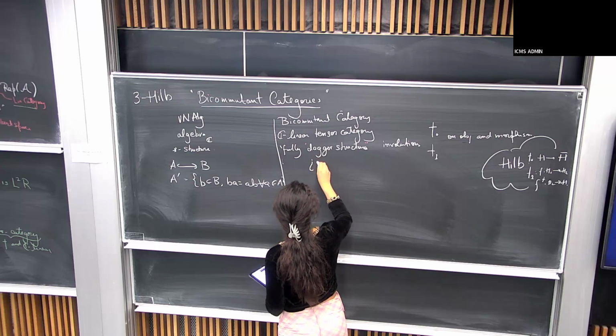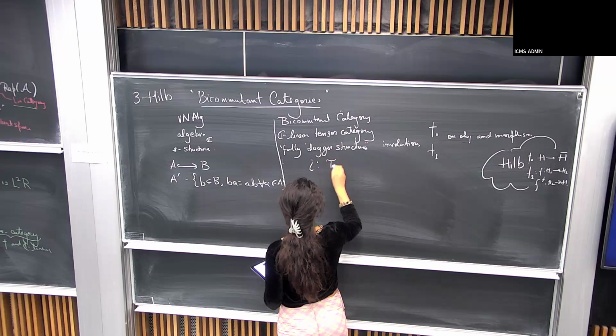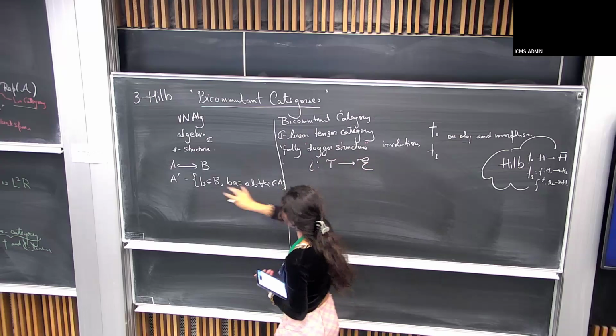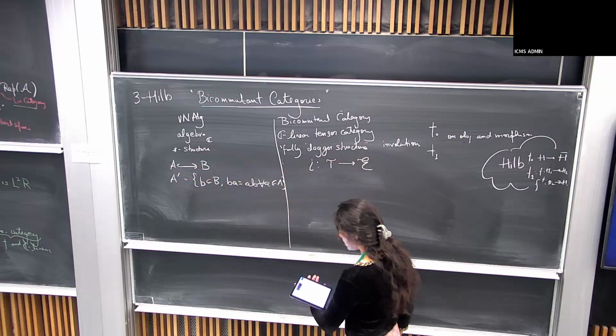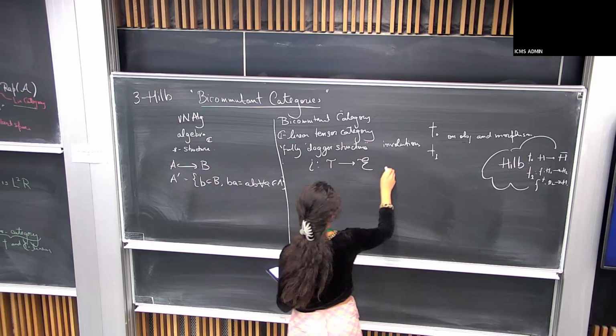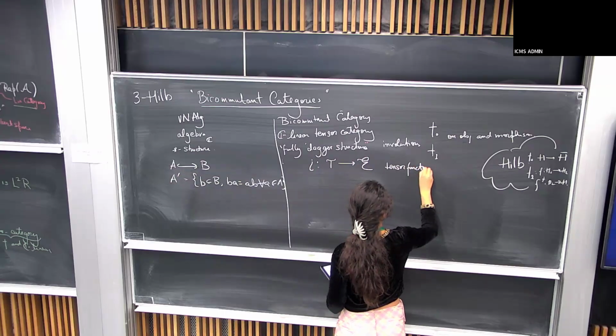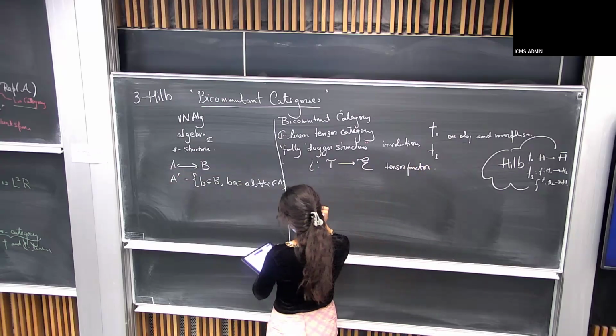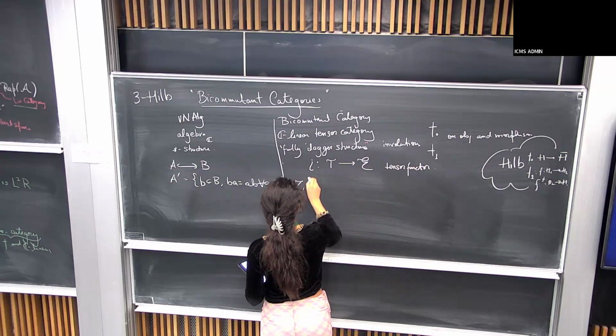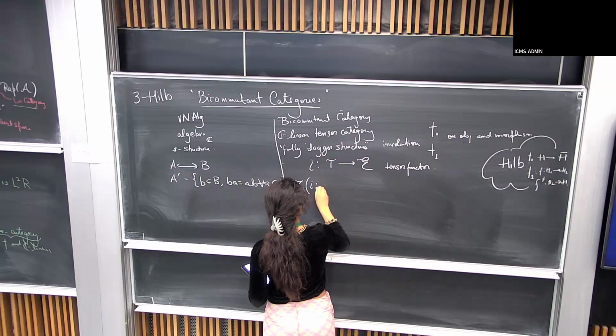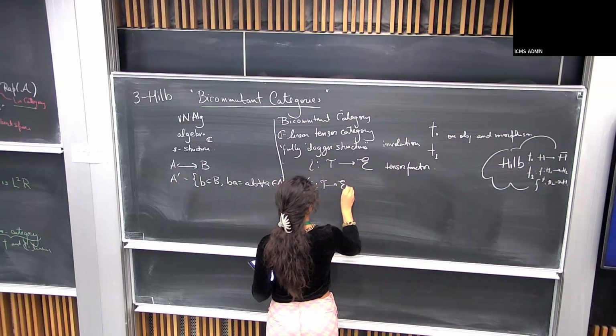So suppose I have a tensor functor from T to E. I'm just replacing A and B by T and E, which are now categories. I can define the relative center with respect to this functor.